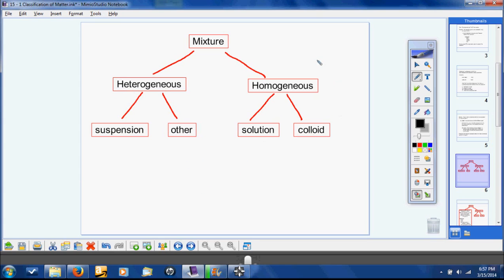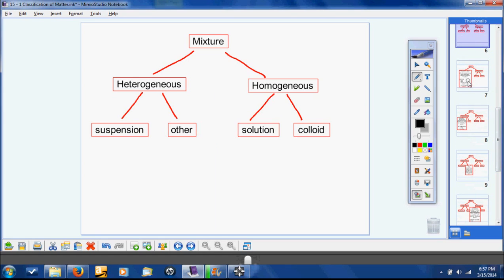But remember, they do fall under this whole heading, these whole categories. If you wanted to, you could get yourself a big piece of paper and write the definitions right underneath each one, so that it would be all there in one big chart. But I like this organization of the information so that you can keep track of all of it. So let's start with heterogeneous mixtures.